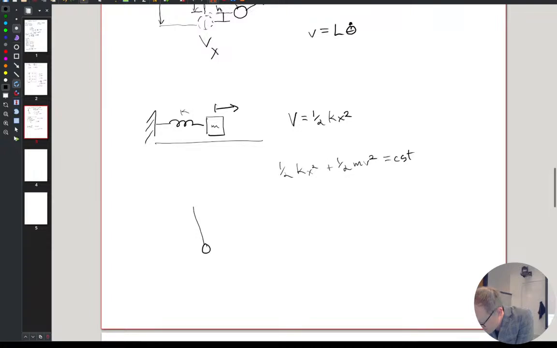So this became this, just a linear spring, like that.